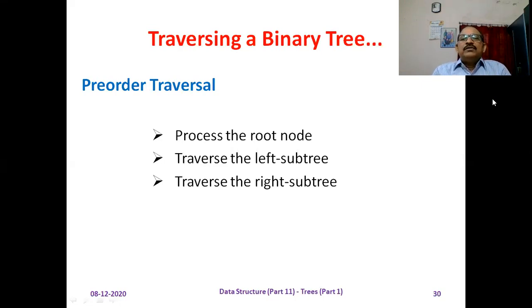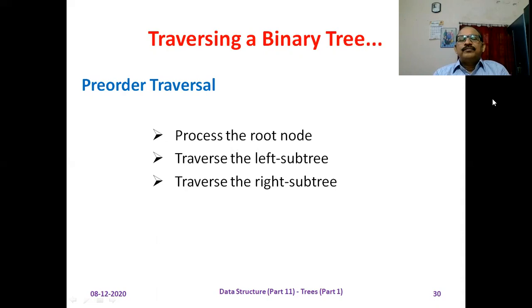In pre-order traversal, the first step is we visit the root node, means process the root node. Next step, traverse the left subtree of the root node in pre-order. Next step, we traverse the right subtree of the root node in pre-order.